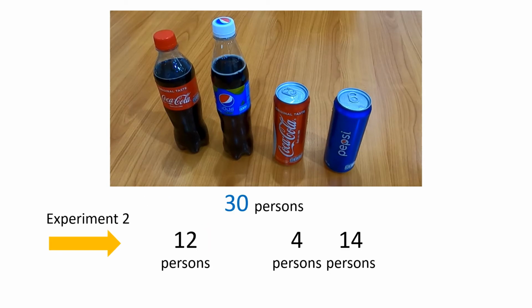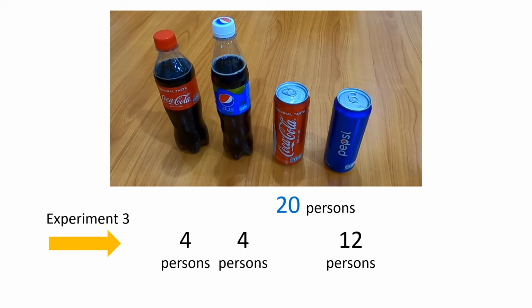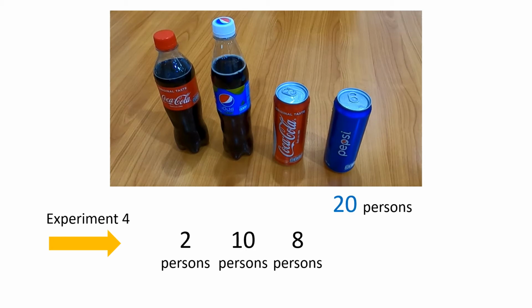And here, there are 30 persons who chose Pepsi in bottle, then switched to other products. Here, there are 20 persons that chose Coca-Cola in can and switched to other products. And last, these are 20 persons who chose Pepsi in can and switched to other products.